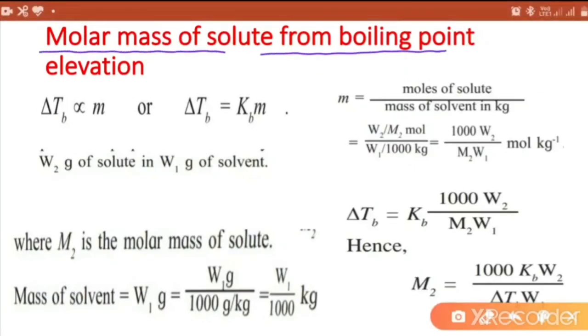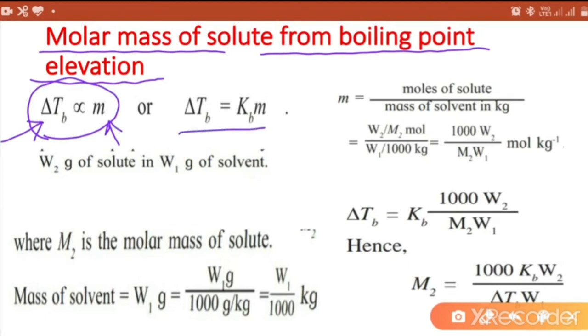Molar mass of solute from boiling point elevation. This is elevation of boiling point. Delta TB is directly proportional to molality of a solution, or delta TB is equal to Kb into m, where Kb is the molar elevation constant or ebullioscopic constant.